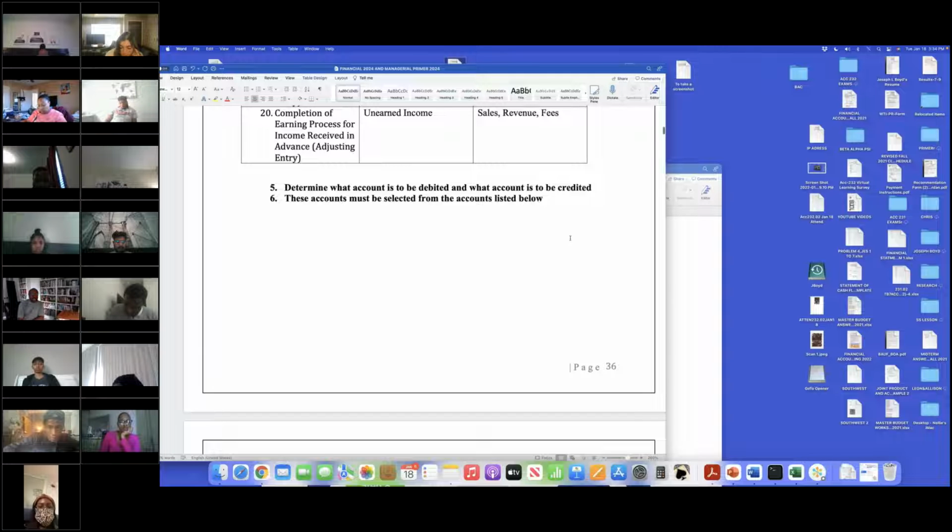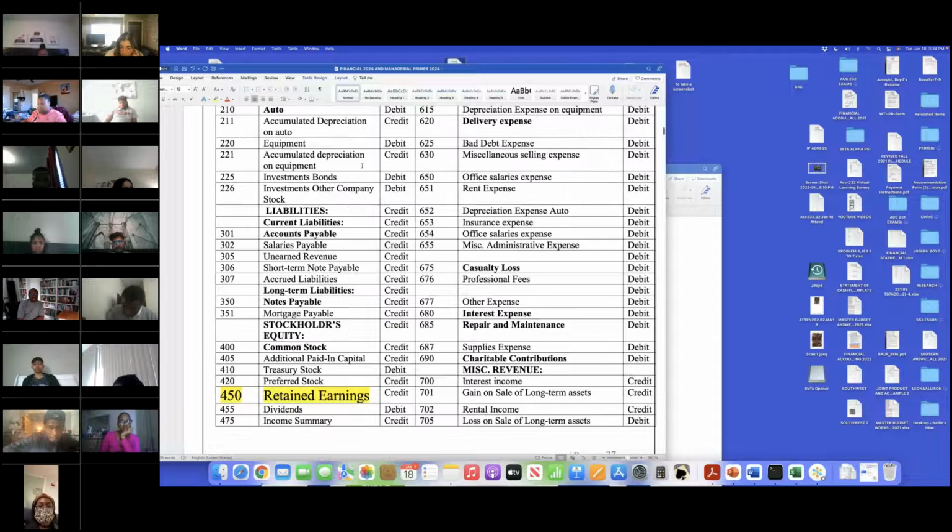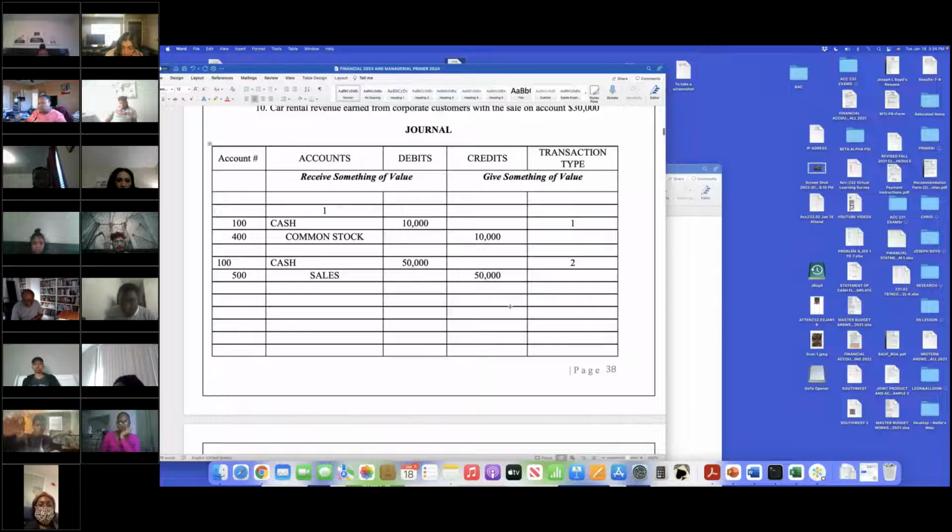So we're going to go down here and make a journal entry. The type is 3. And we're going to debit cash again for 100. Cash 100. We got 20,000.